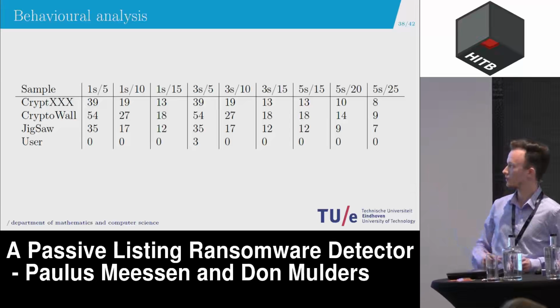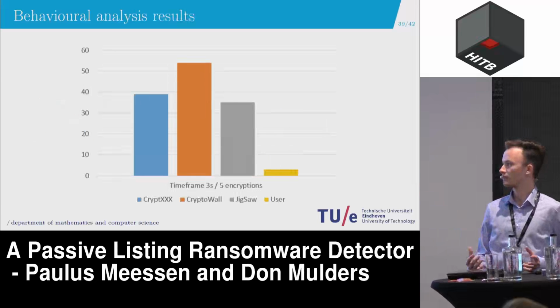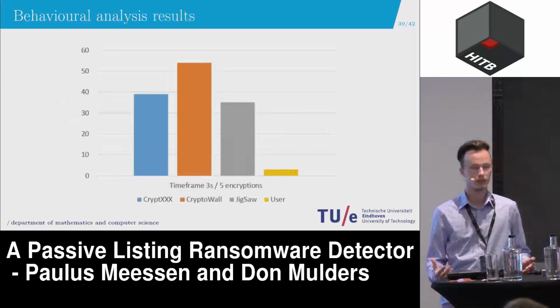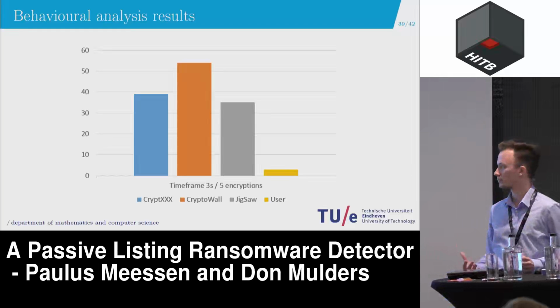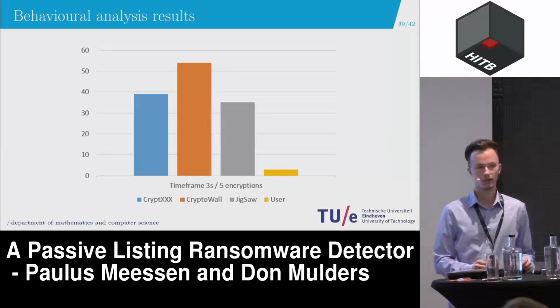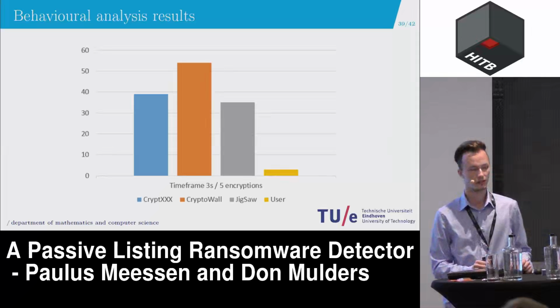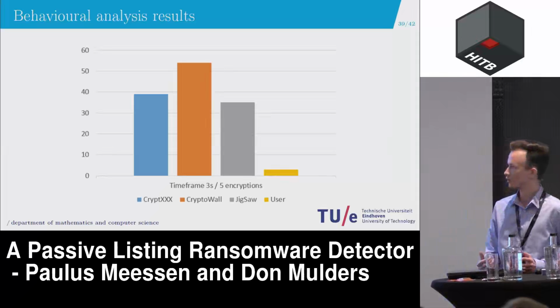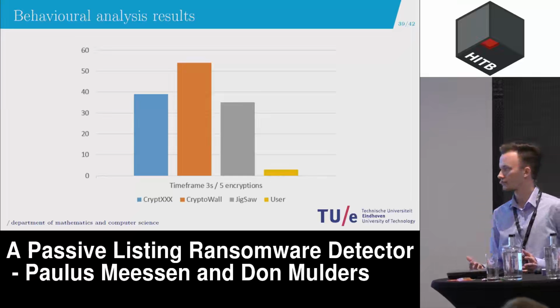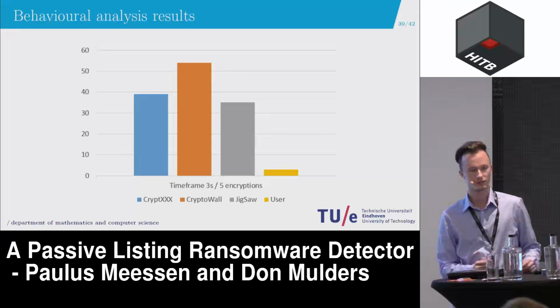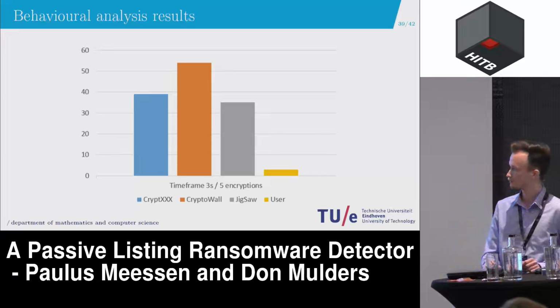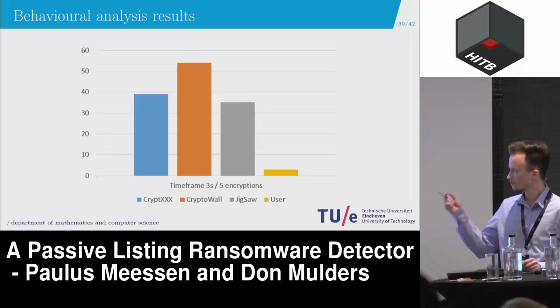But if we go to the next slide, we can see the difference is so much that we could do a second filter pass, and then we would still only have ransomware that is being detected by this detection rule. And so we can actually distinguish, as we can show here, between a user, a really aggressive user, and ransomware based on this rate of encryption.